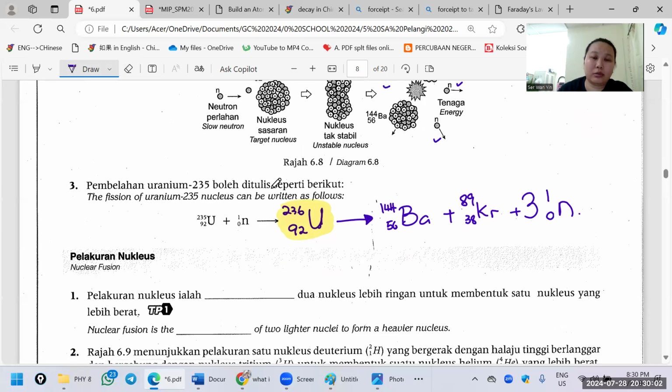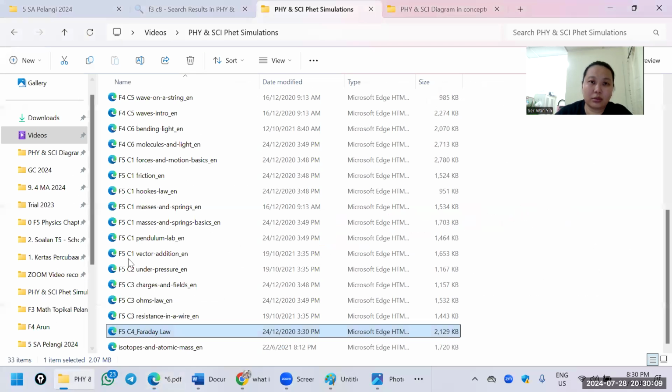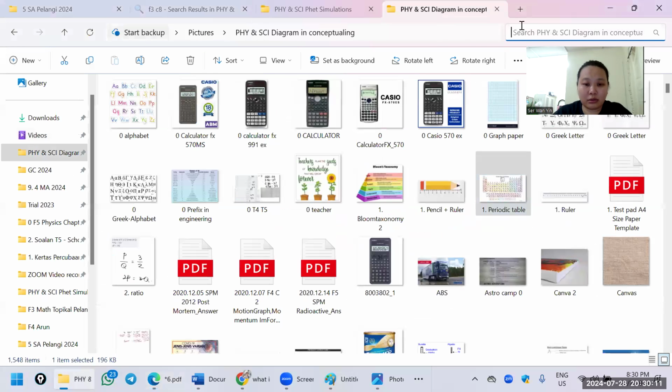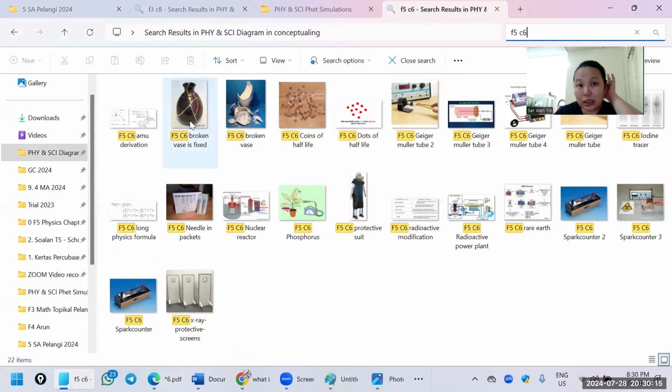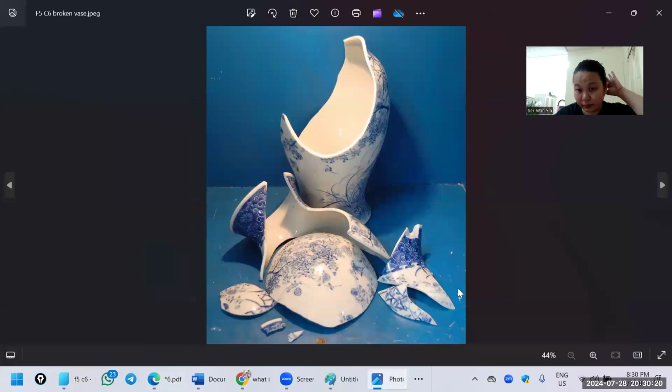Okay, so now I want you to have a concept for Chapter 6. In the beginning it is original, like one uranium is like one vase.